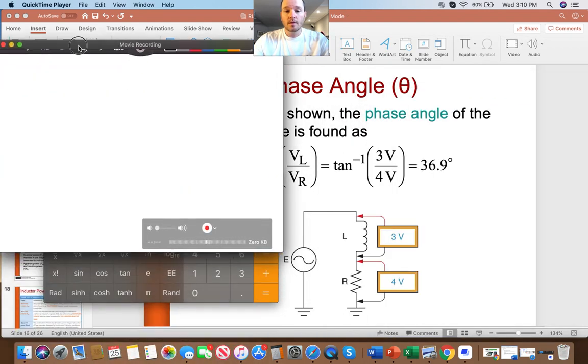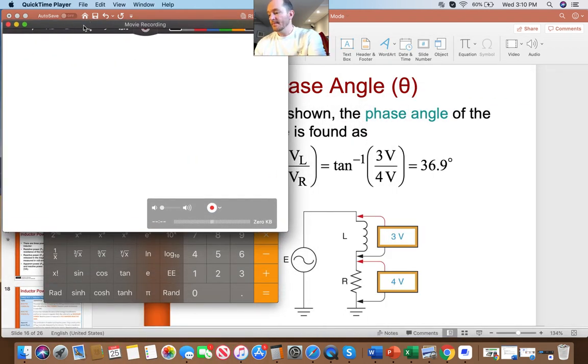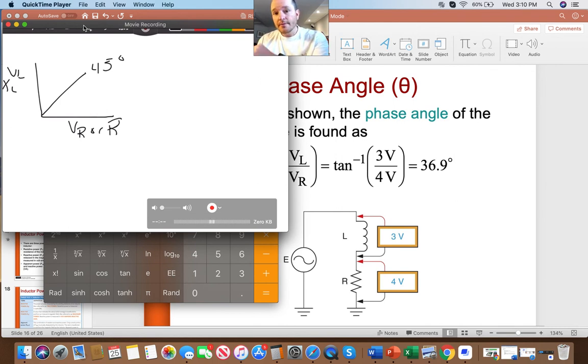So if I were to draw up 90 degrees here and make this 45 degrees, this is VR or just R, and this is VL or X of L. If my resistor is larger than my X of L value, I will be less than 45 degrees.